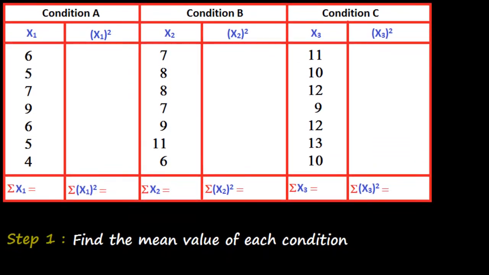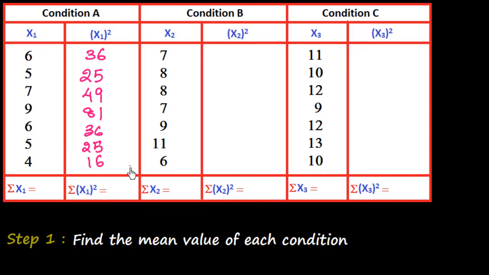Now we will make the square of all of these. The square of 6 is 36, square of 5 is 25, square of 7 is 49, square of 9 is 81, square of 6 is 36, square of 5 is 25, square of 4 is 16.